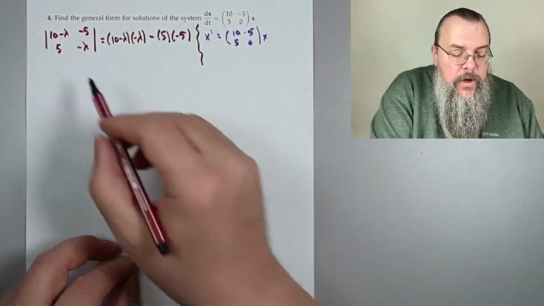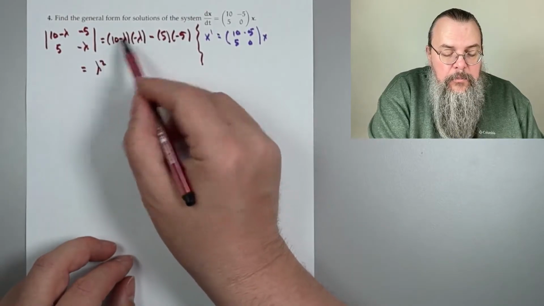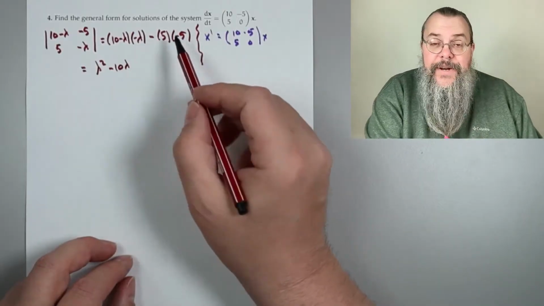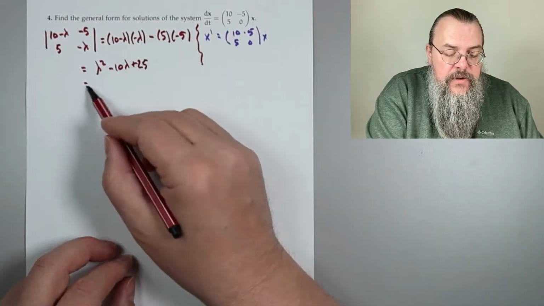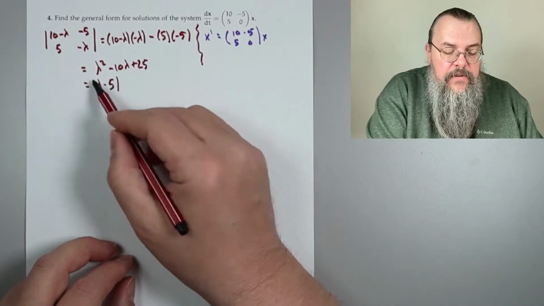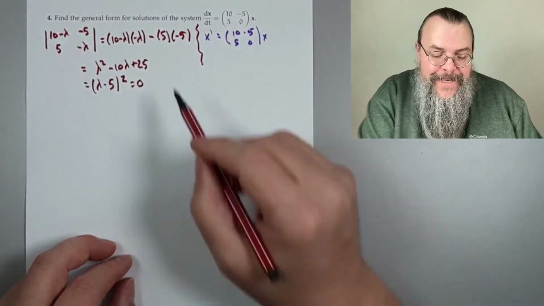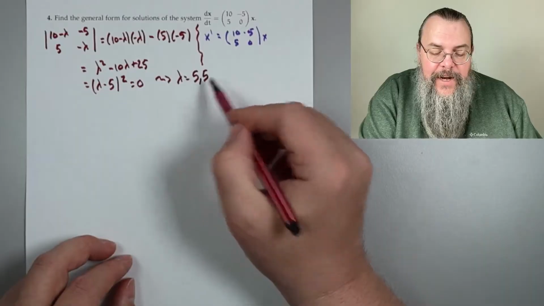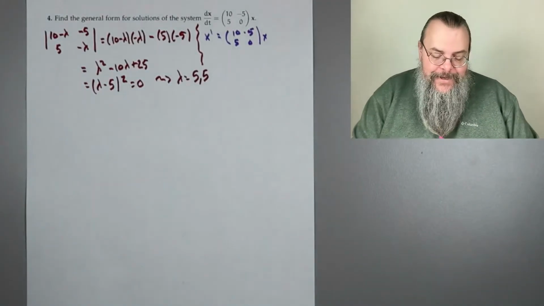Or that is lambda squared minus 10 lambda, and then minus 5 times minus 5 is a plus 25, which is also known as lambda minus 5 squared, which tells us what? It tells us our eigenvalues are 5 and 5. In other words, repeated.